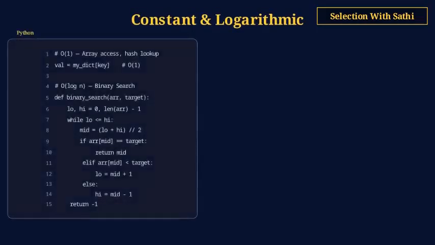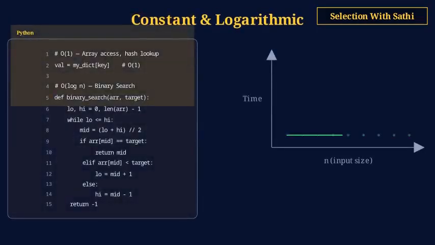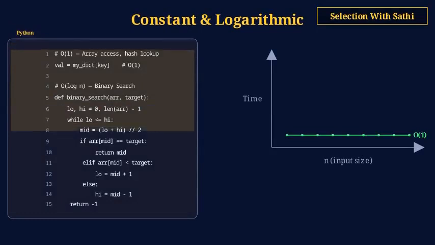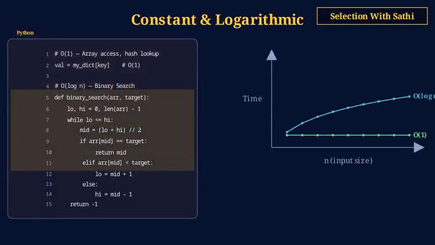Let us look at the two fastest growth rates, O of 1 and O of log n. O of 1 means constant time. Look at the code on the left. Accessing an array element by index takes O of 1. A hash table lookup is also O of 1 on average. Pushing and popping from a stack, O of 1.